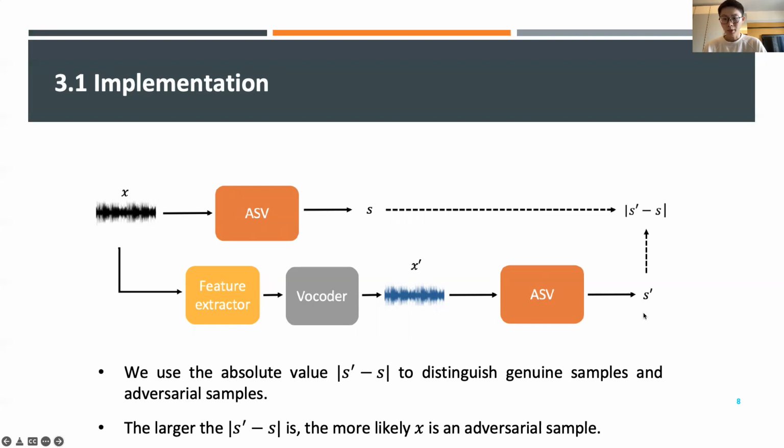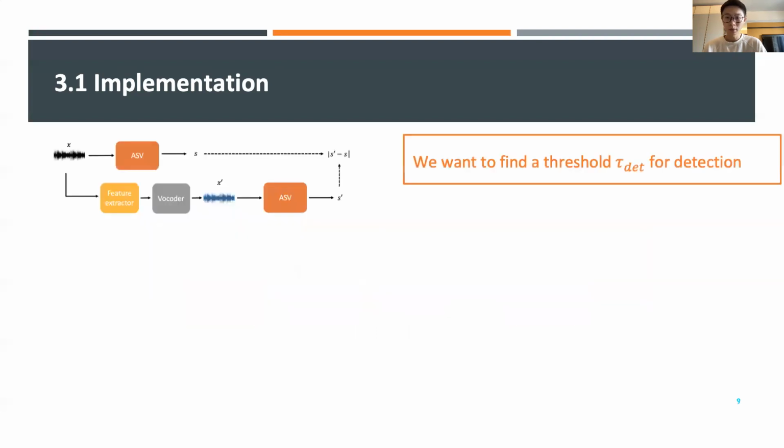Thus, S prime is far away from S, resulting in a larger absolute value of S prime minus S. We use the absolute value to distinguish whether a sample is genuine or adversarial.